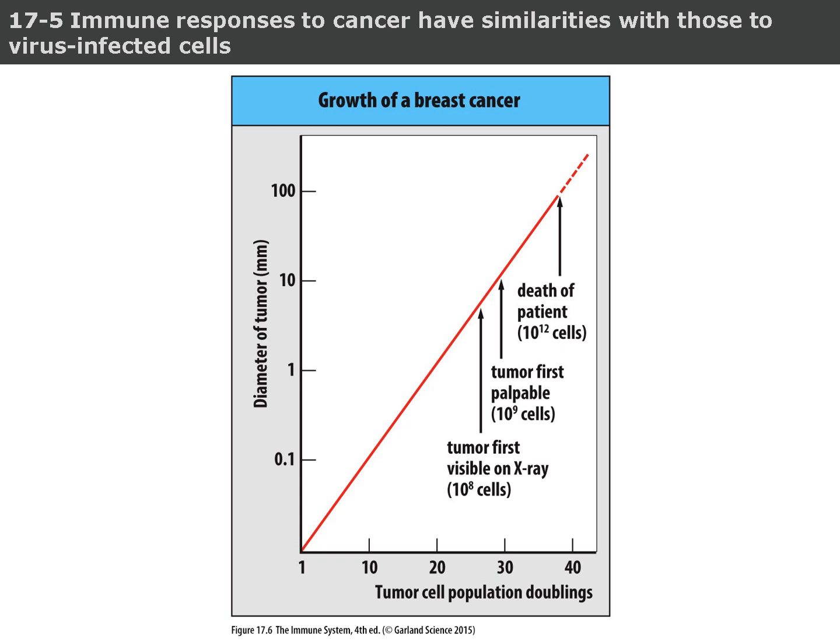It becomes palpable as a mass at around 1 billion cells. If left untreated, continued growth leads to a lethal tumor burden at around 100 trillion cells, resulting in the death of the patient. This figure highlights how cancer can grow silently for many doublings before detection.